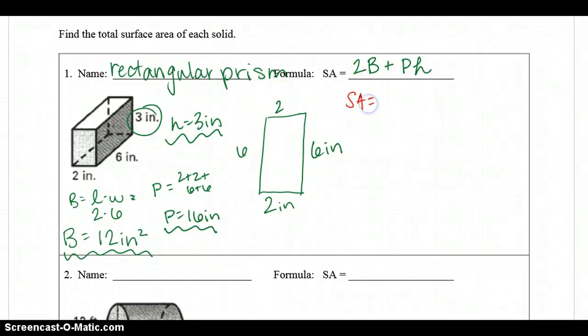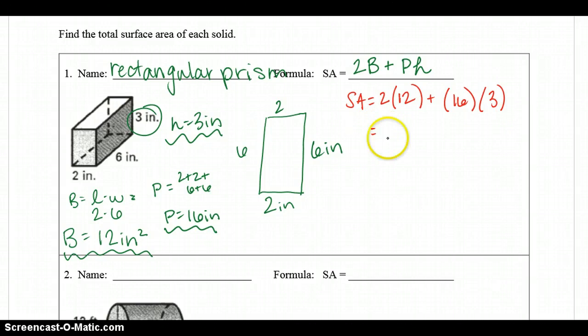So we have surface area, SA, equals 2 times B. For B we're going to put in 12, plus 16 for P times 3 for H. So we multiply first and then add. 2 times 12 is 24, plus 16 times 3 is 48.